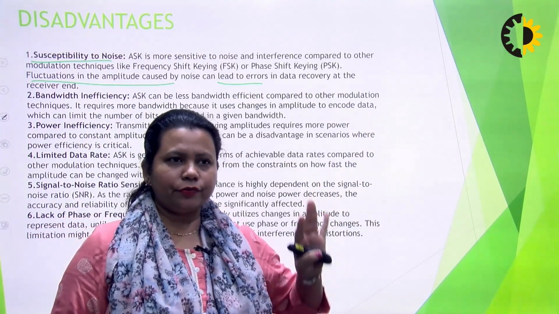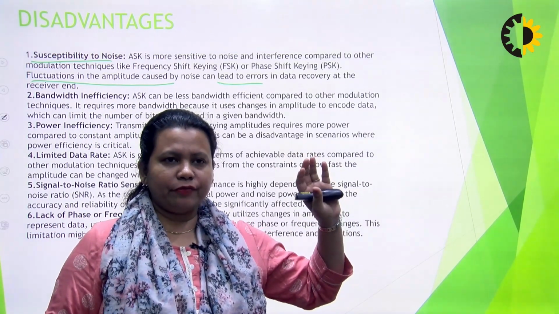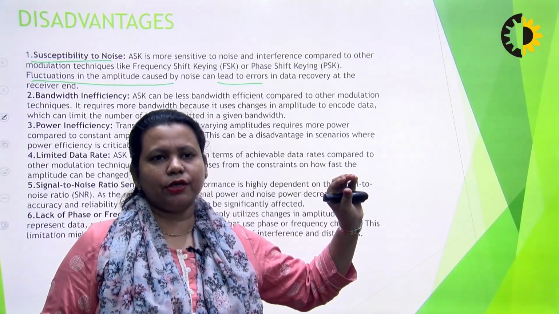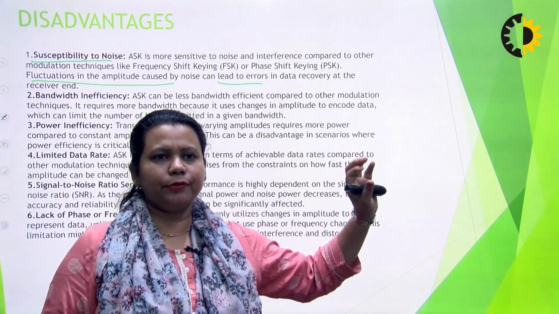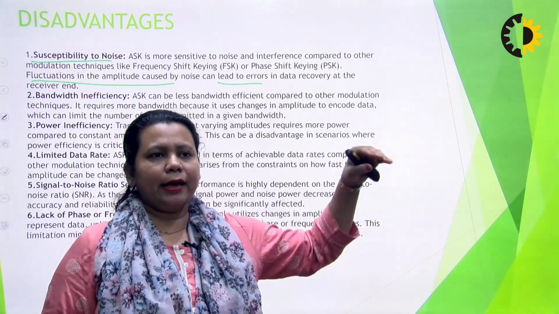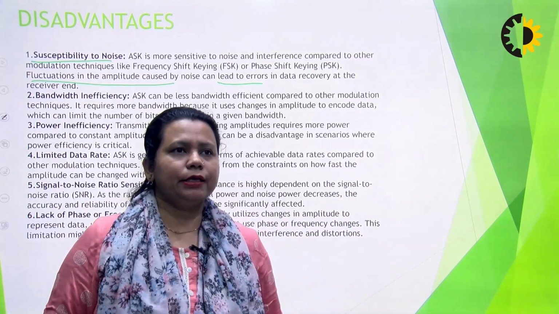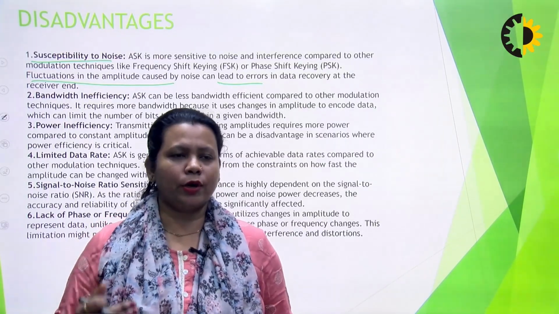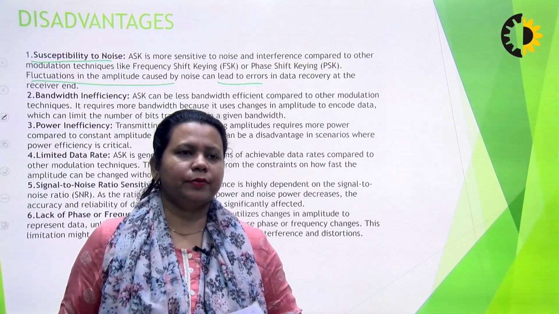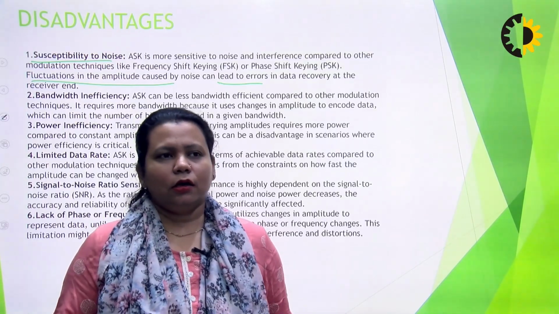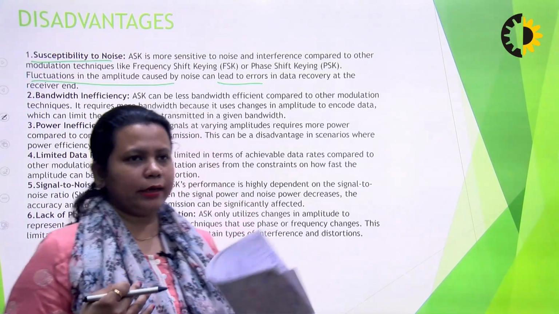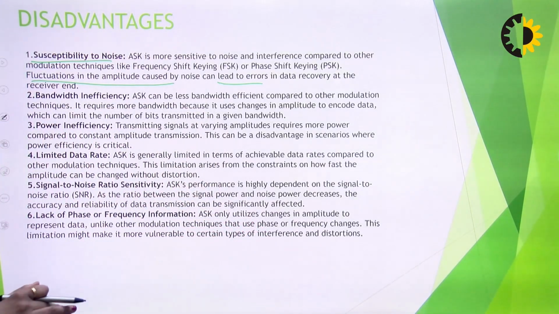When you have a 1, you have some amplitude, but when 0 is transmitted, there is no amplitude. Then 1, there is amplitude, 0, no amplitude. That happens on a regular basis at regular intervals. So in that case, it adds some noise, and that noise puts errors in getting the actual results in the form of data recovery, right?